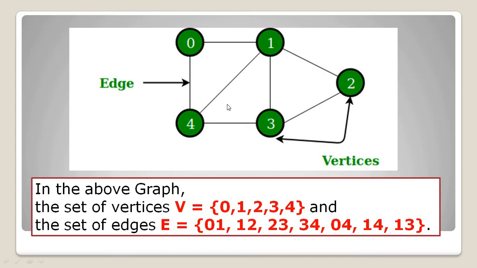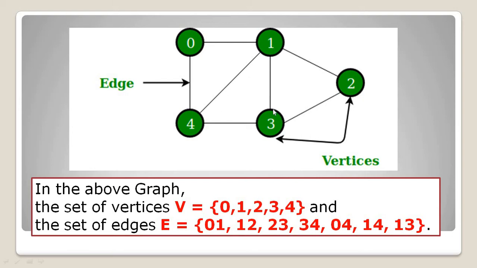So for this particular example, the set of vertices V is equal to 0, 1, 2, 3, 4, and these are the vertices. The set of edges means we have the edges from 0 to 1, afterwards 1 to 2, afterwards 2 to 3, afterwards 3 to 4, afterwards 0 to 4, and we also have 1 to 4, and 1 to 3.